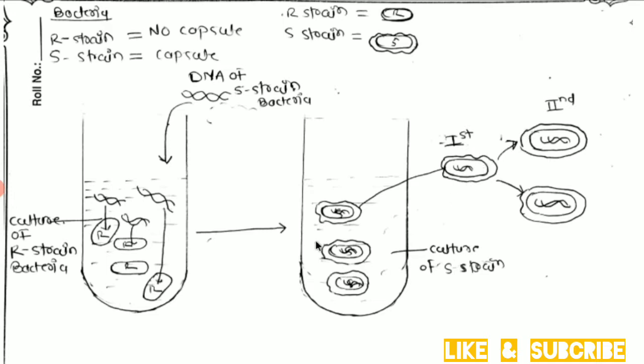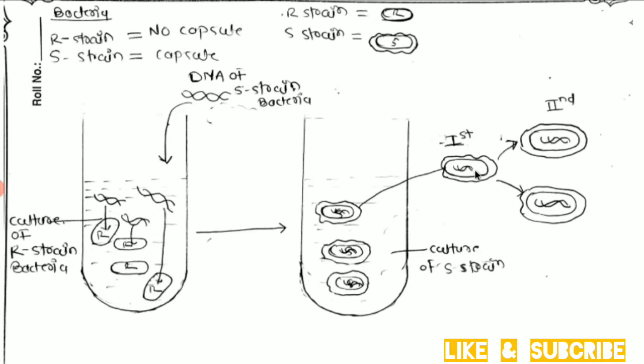Only the R bacteria are unable to produce the capsule, or they do not have a capsule, but because they take up this DNA, they produce a capsule. Now this new S bacteria also has the DNA.